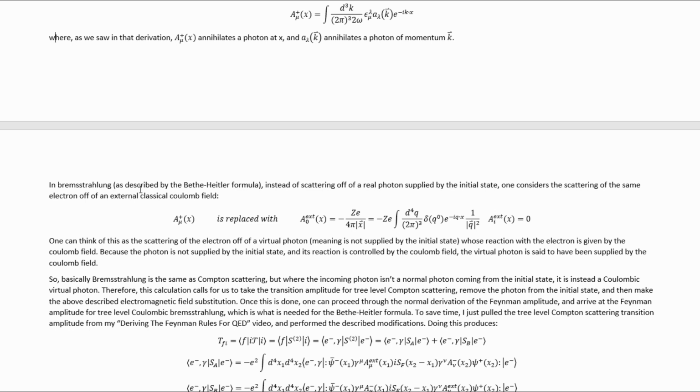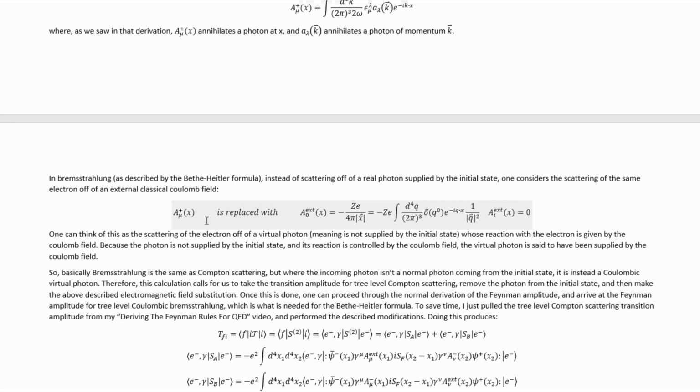In Bremsstrahlung, as described by the Bethe-Heitler formula, instead of scattering off of a real photon supplied by the initial state, one considers the scattering of the same electron off of an external classical Coulomb field. So we're replacing the situation of a photon in the initial state, whose reaction with the electron during the scattering is controlled by this quantum field, with a situation where the electron is scattering off of this field instead.